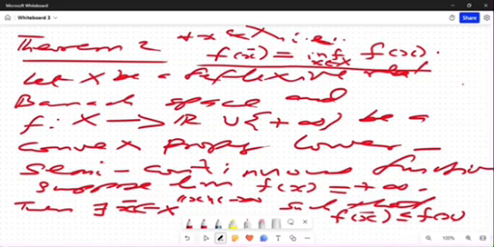So x bar is the infimum of f of x as x varies in the domain X. So this gives you yet another weaker form of that theorem.